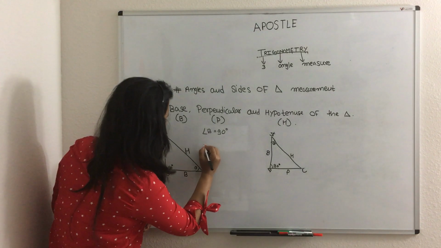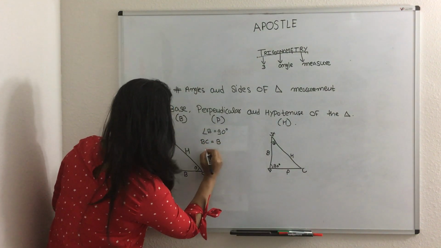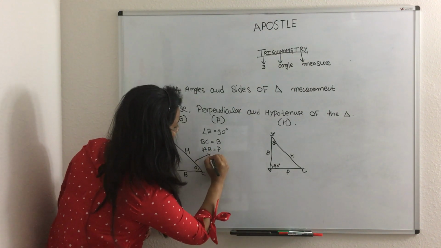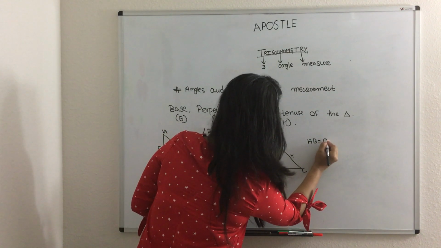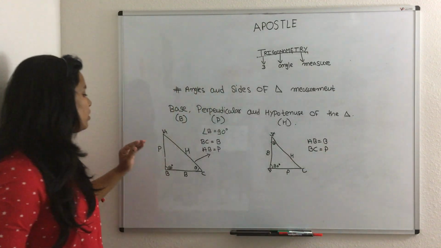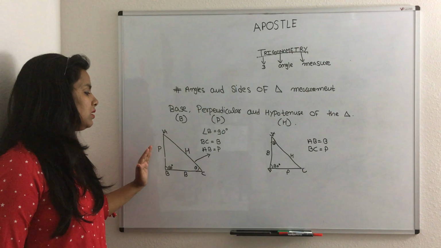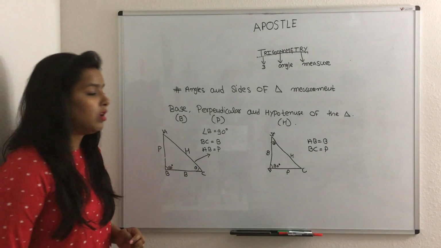Like in this triangle, BC is the base and AB is the perpendicular, or in this triangle, AB is the base and BC is the perpendicular. Everything depends on the position of angle theta. Base and perpendicular totally depend on the position of angle theta.